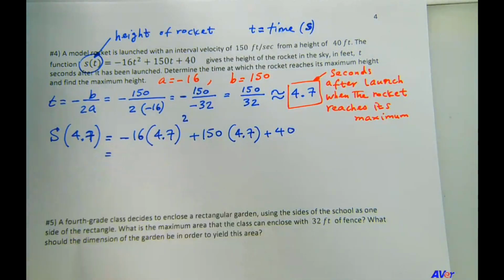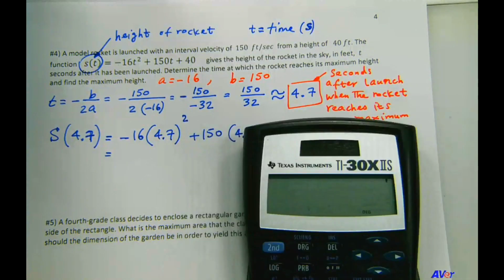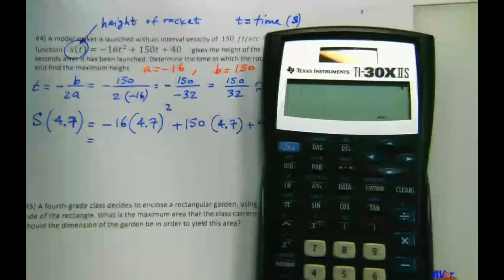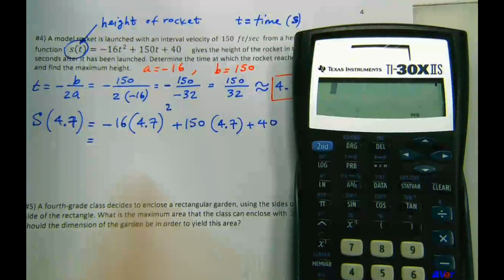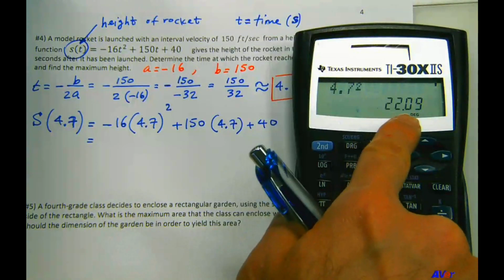Okay, the rest becomes algebra. Let's calculate all these different numbers. Let me move this up, move to the left a little bit so you can see everything. Okay, so 4.7 squared is 22.09.